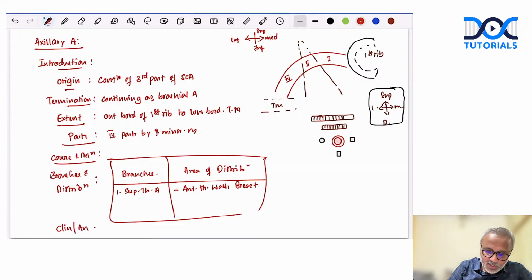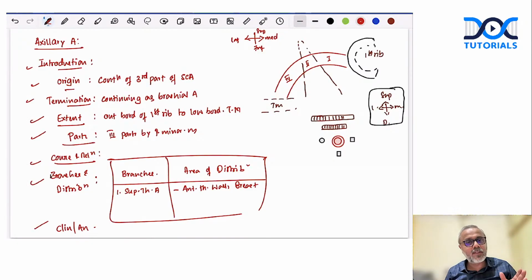Right. Now, 1, 2, 3, 4, 5, 6, 7, 8. If they have not given the subdivisions of a long essay, this is how you should approach the answer for a question on any artery in the body. Of course, we know not all arteries are divided into parts.